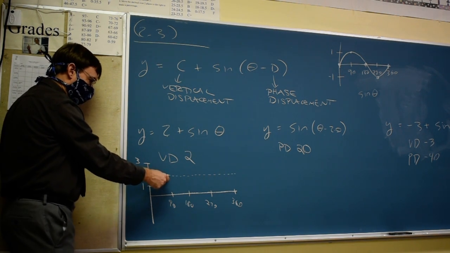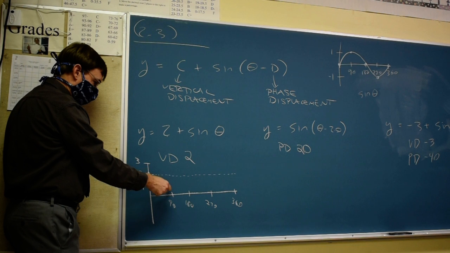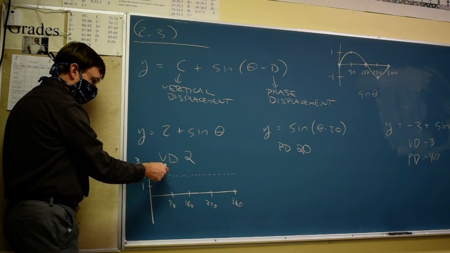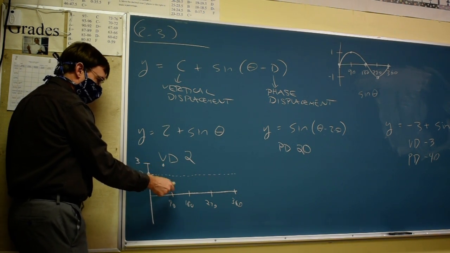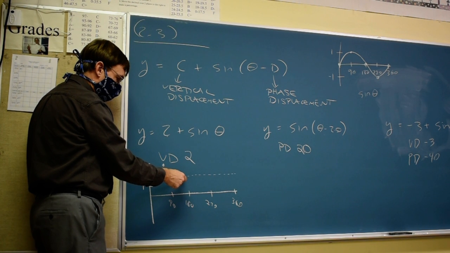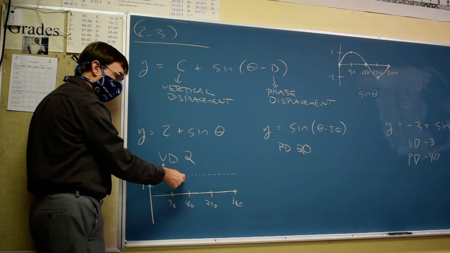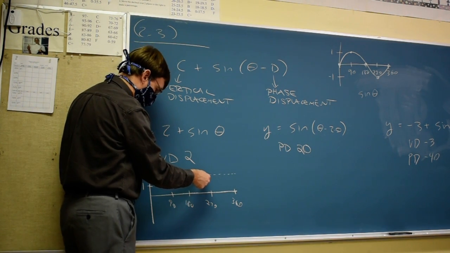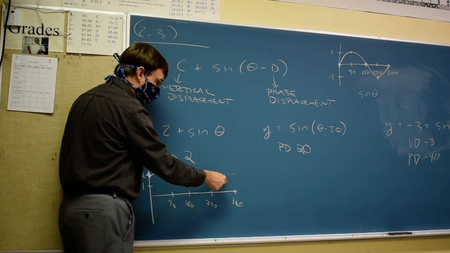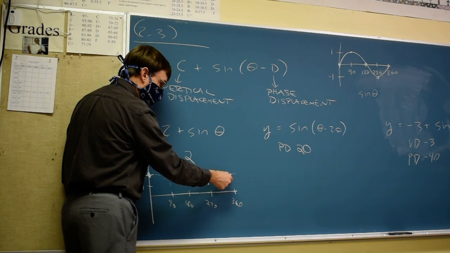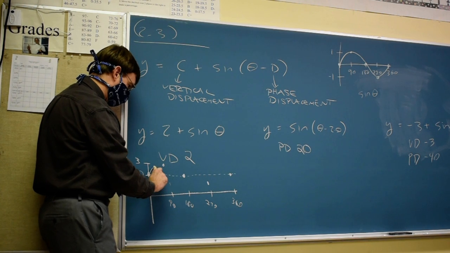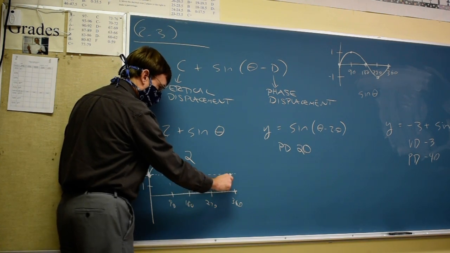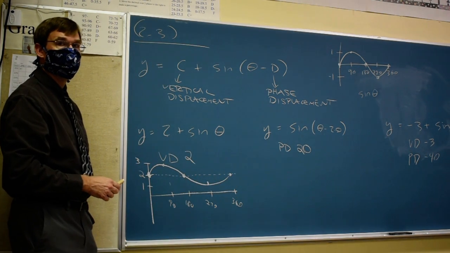At 90, I go up. At 180, right there, touching the dotted axis. At 270, down 1, go down to the 1, and we always finish where we started. Something about that?